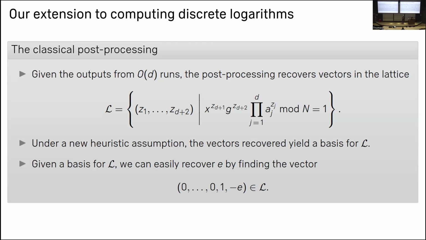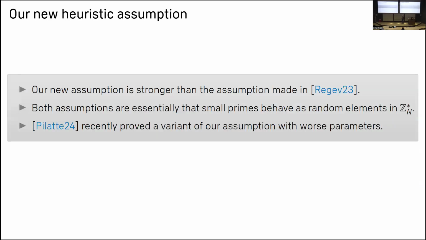And as I said, our analysis relies upon a new heuristic assumption. And this new heuristic assumption is actually somewhat stronger than the heuristic assumption made by Regev. But both of our assumptions essentially correspond to assuming that small primes behave as random elements in a multiplicative group of integers. And to actually prove this seems like a quite hard task.